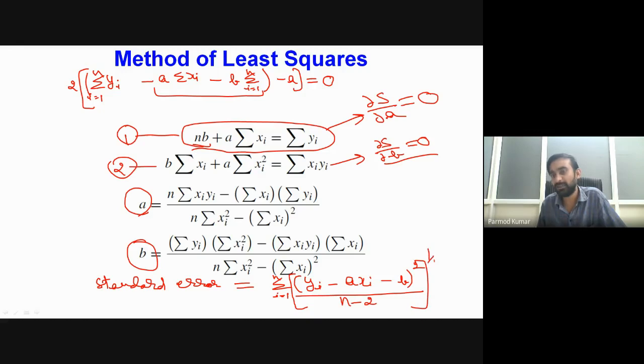That is the general definition of standard error we are considering, and in this definition I am considering n minus 2.